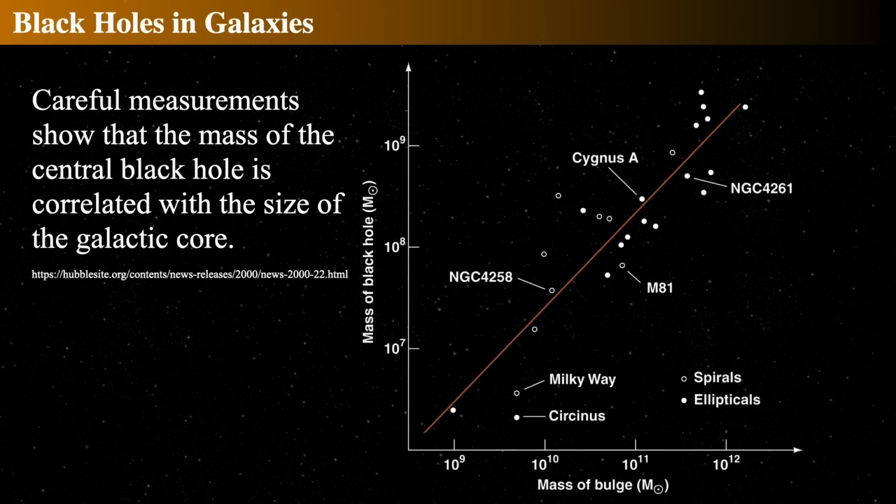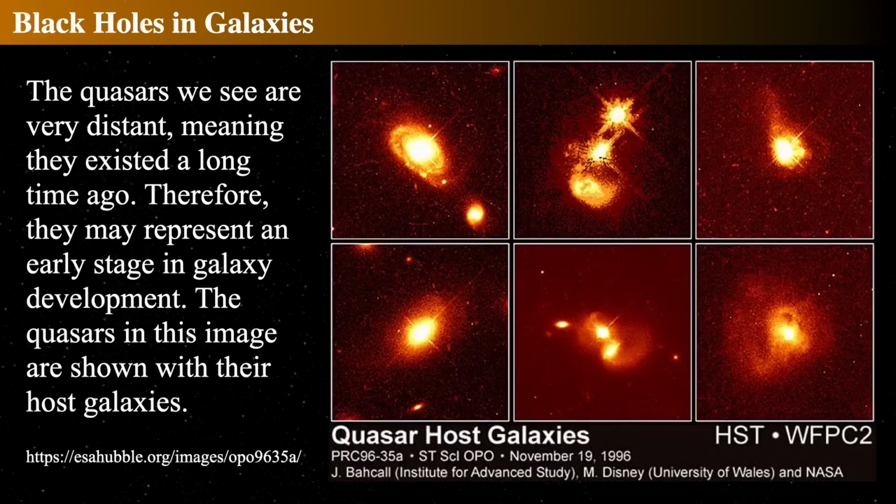So let's see if we can figure out if there is a link between the evolution of galaxies and their active states. If we look at the most active of the active galactic nuclei, quasars, quasars are incredibly bright active galactic nuclei. They are the brightest of the AGNs, but they're also the most distant. And therefore, since they're the most distant, they occurred the longest time ago.